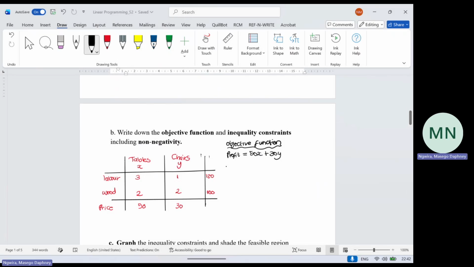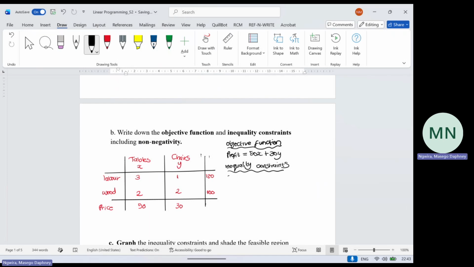So we are going to have inequality constraints. Because they did not mention anything, I'm just going to say less than. The first one is the labor. Then we're going to have wood.